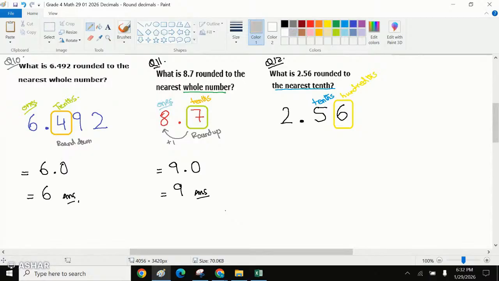Yes, your answer is correct. Round up. That means we add 1 to this and everything after this becomes a 0. So can we say this becomes 2.60 or simply we write 2.6? Thank you, Sami.